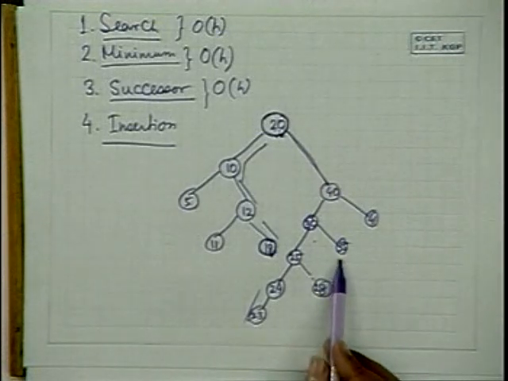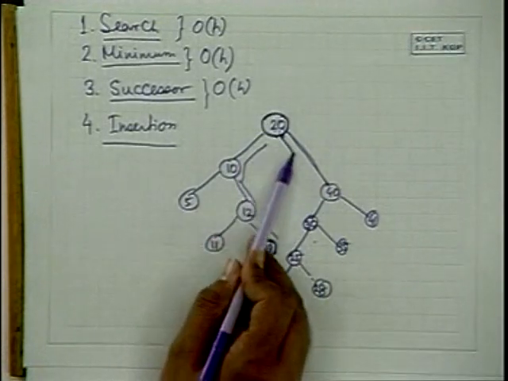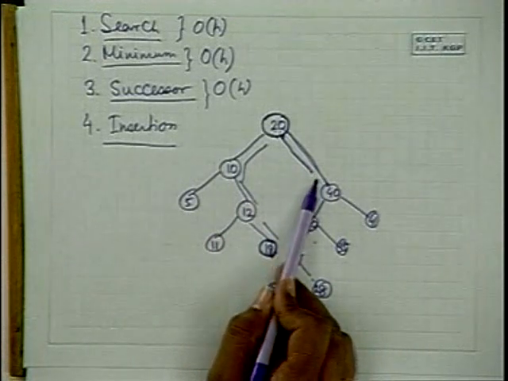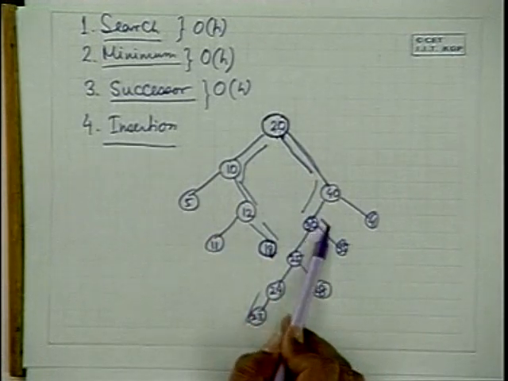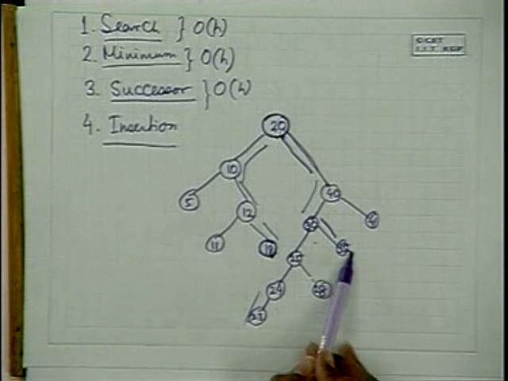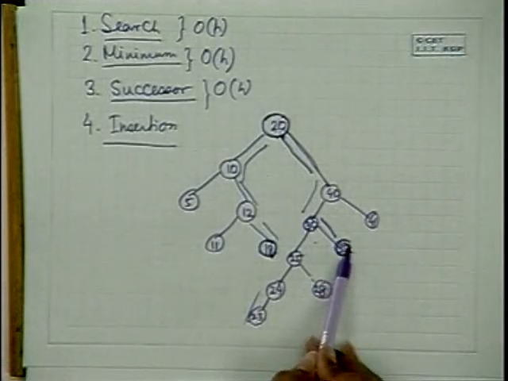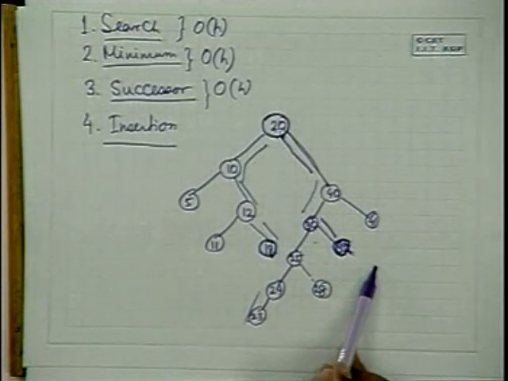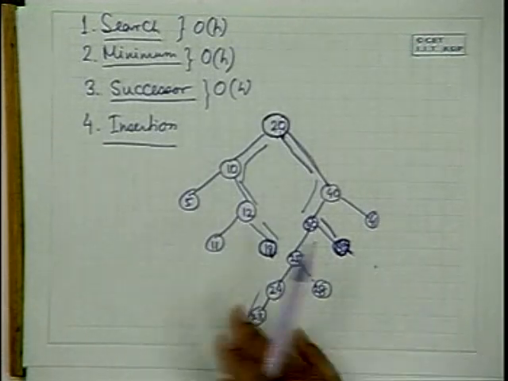I go here, it is less than 40, go here, greater than 30, go here, greater than 35, no, it's not there. But I know then 39 has to be the right child of 35. I put it there. So that's the insertion. I'm going to write what I just told you.